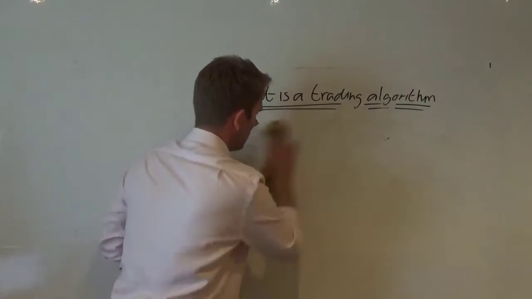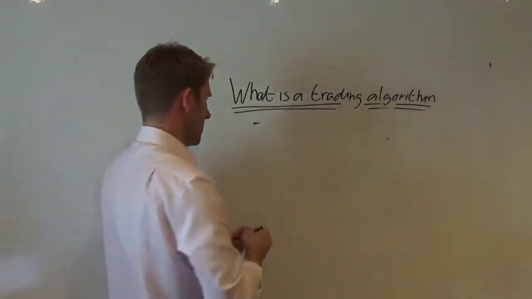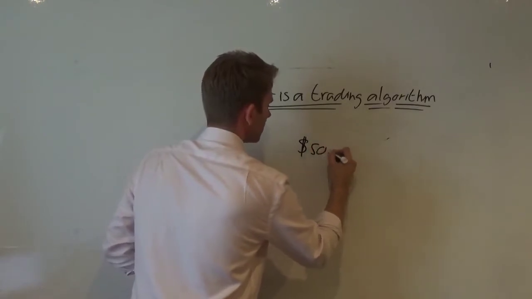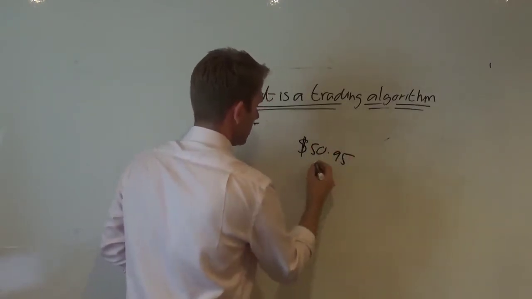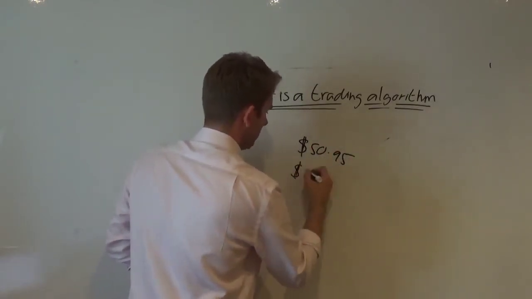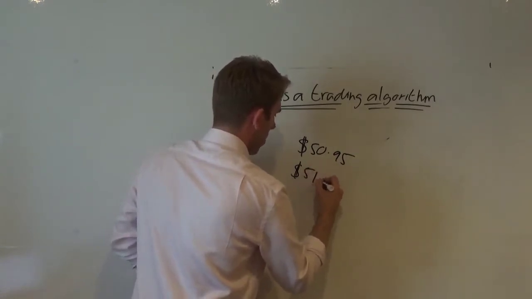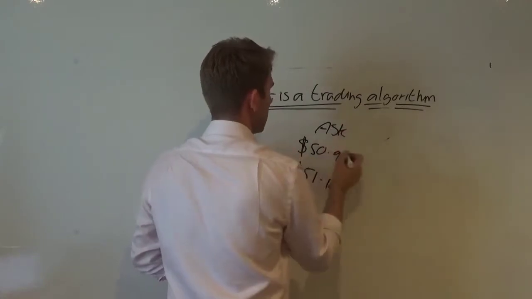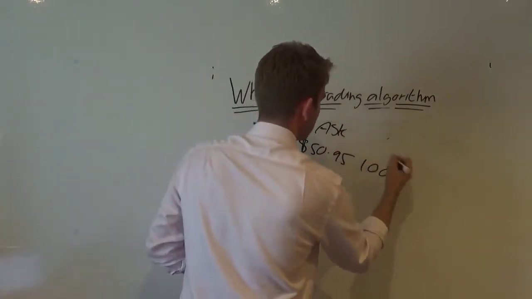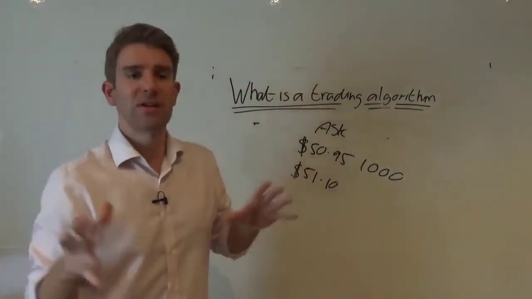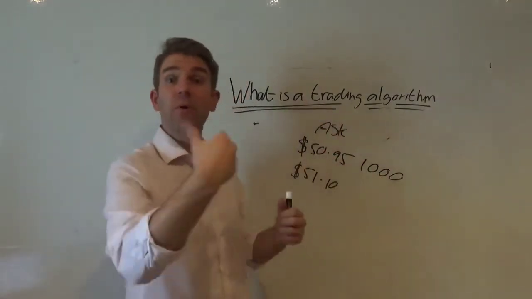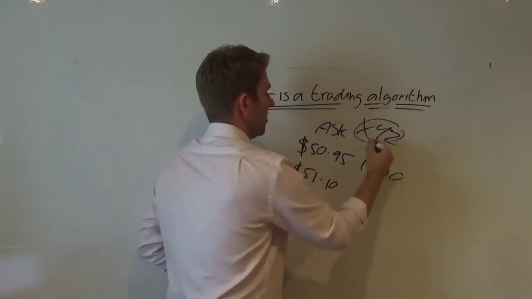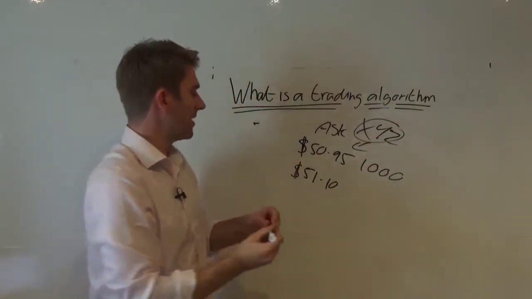Let's say we have the best offer here at $50.95, and the next level is 51.10, for example. That's your ask. In other words, you've got 1,000 shares sitting there. Imagine that's your level 2 screen. If you're buying 1,000 shares of this XYZ stock, you're going to get filled at 50.95.